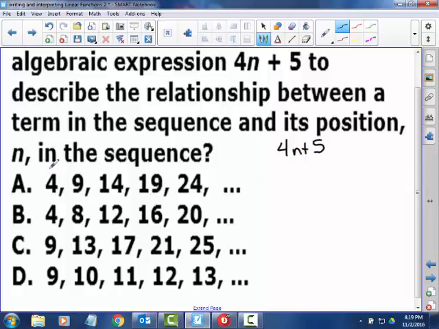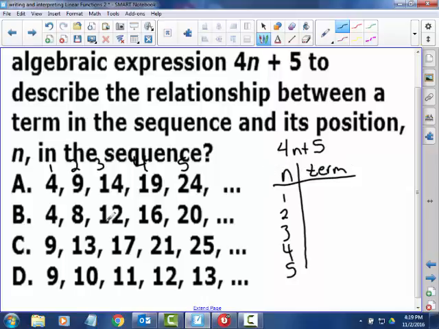Okay, so if we look at this, this is position 1, 2, 3, 4, 5, then we could create a table, right, for n is 1, 2, 3, 4, and 5, and then we would just figure out what the term would be.